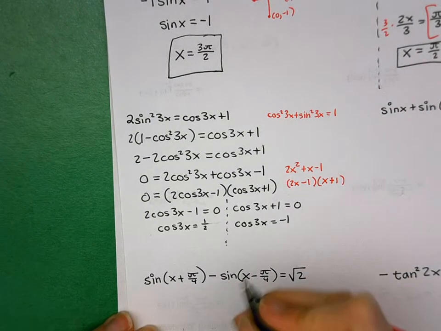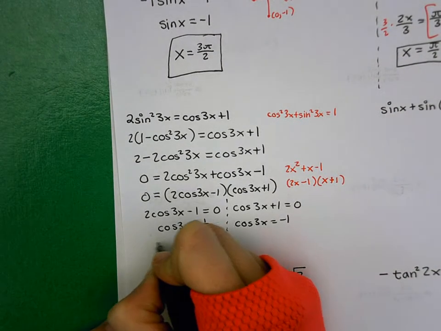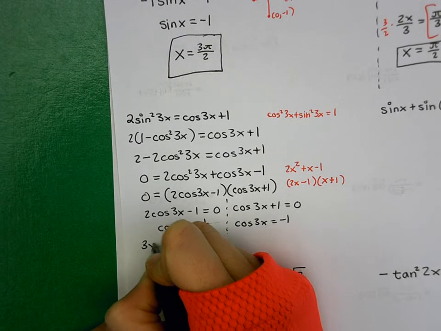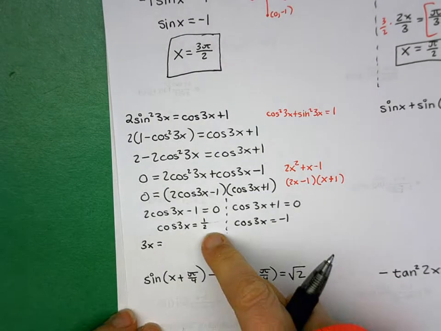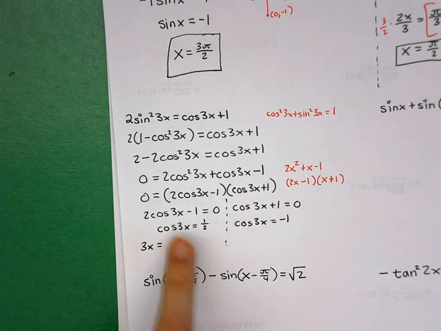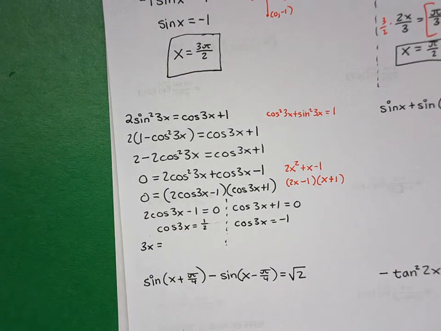Which means figuring out, okay, so for what values would my cosine be 1/2? So the reference angle who has a cosine of 1/2 is pi over 3. And so we're again talking about pi over 3 reference angles here.